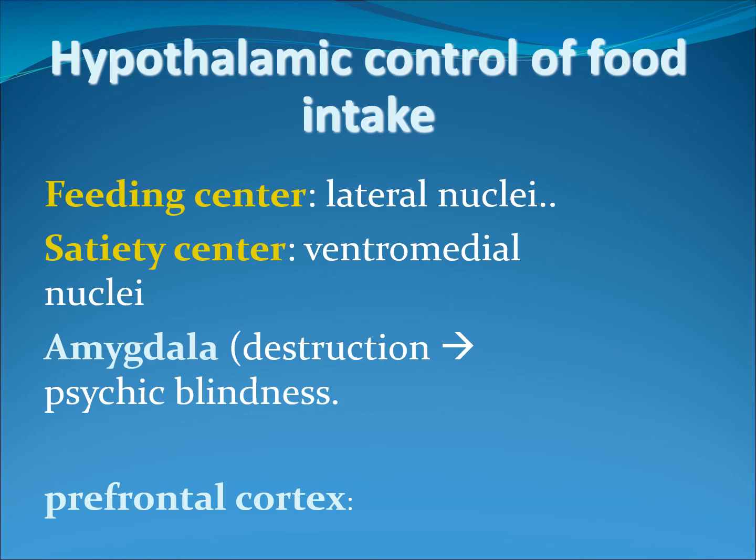The prefrontal cortex is mainly involved in stimulation of appetite for certain types of food. So we see that the main centers involved in the regulation of the amount of food are feeding centers and satiety centers.